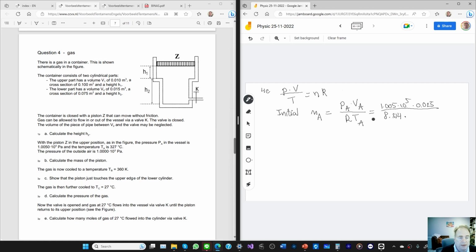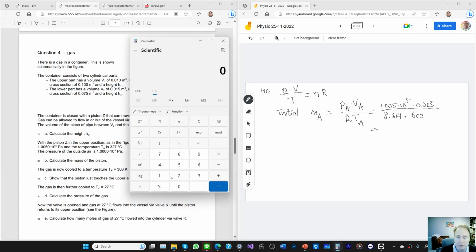And the temperature A, well, it actually says 600 Kelvin. This was the initial state, so we just find out what this is.